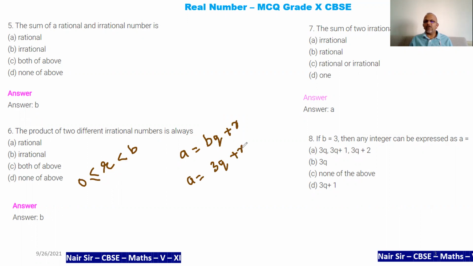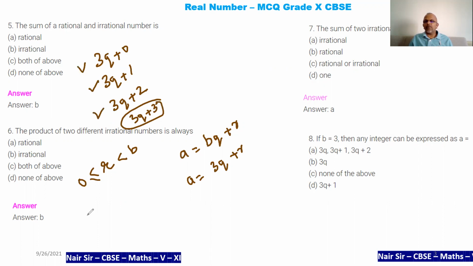R can be 0, so this will become 3Q plus 0. R can be 1, 3Q plus 1. R can be 2, 3Q plus 2. And it has to be less than 3, so 3Q plus 3 is not possible. So what is the answer? 3Q, 3Q plus 1, 3Q plus 2.